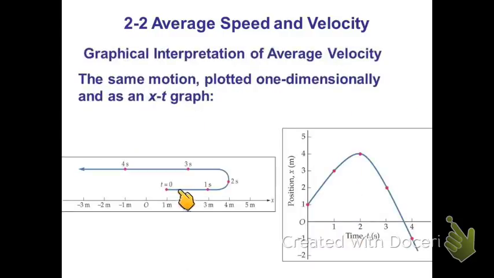Now let's look at the motion of this object on a line on an xt graph. Xt graphs are smooth curves, and every point on this smooth curve is uniquely determined by the position of the object at a certain time.